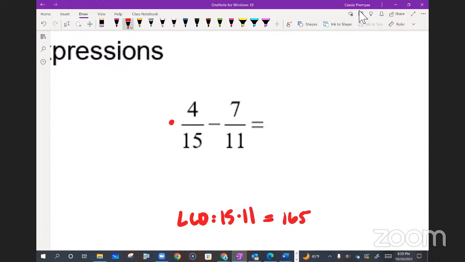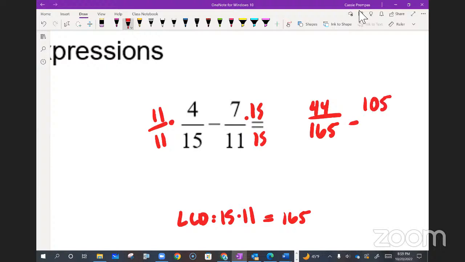So I'm going to multiply this piece by 11 over 11. I'm going to multiply this piece by 15 over 15, and that will create 44 over 165 minus, let's see, 7 times 10 is 70, 7 times 5 is 35, 70 plus 35 is 105 over 165.